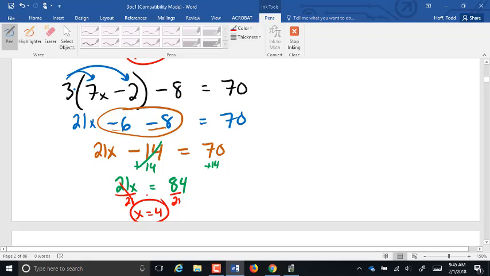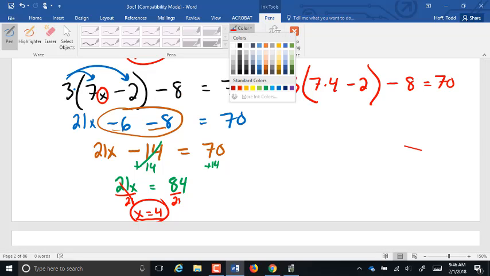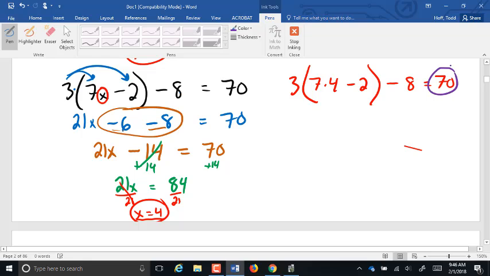Now, like any of our other problems we mentioned before, we can take x equals 4. We can go back up to that original problem. We can replace x with 4. So 3 times parentheses. Inside there, instead of 7x, we write it as 7 times 4 minus 2. Close our parentheses. Minus 8 equals 70. And let's see if this works out. Obviously, on the right side, we just have the 70.